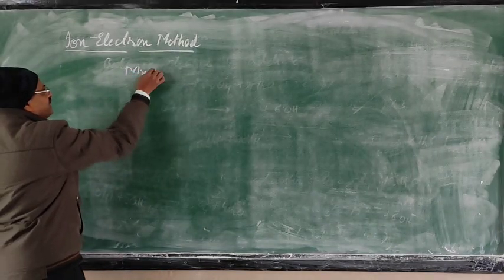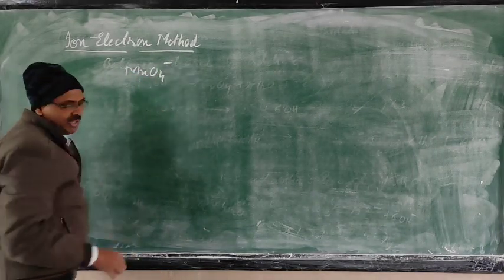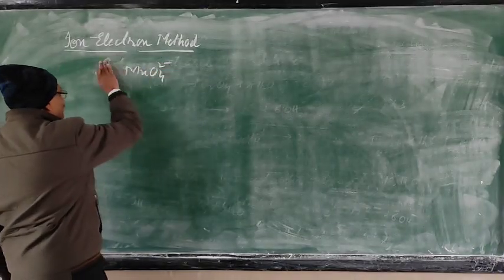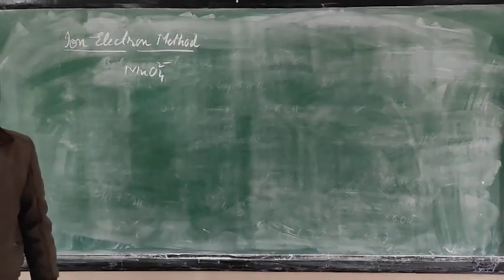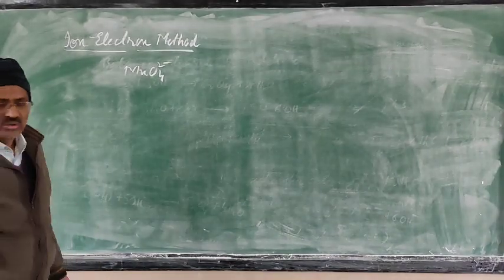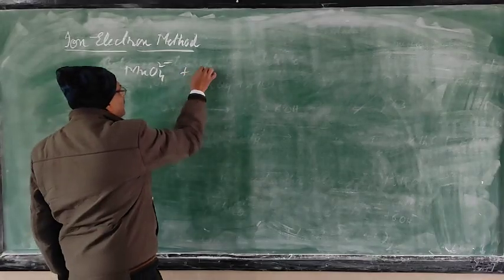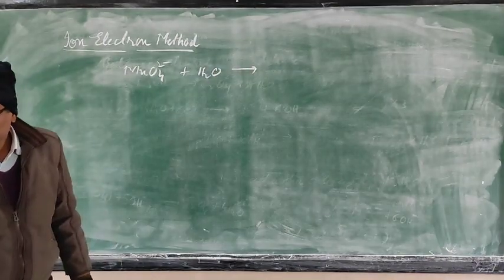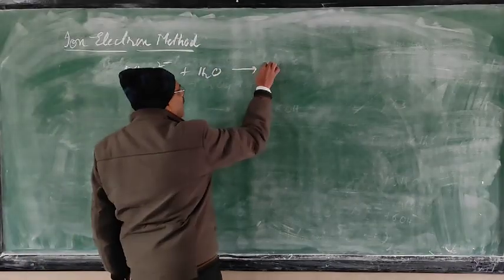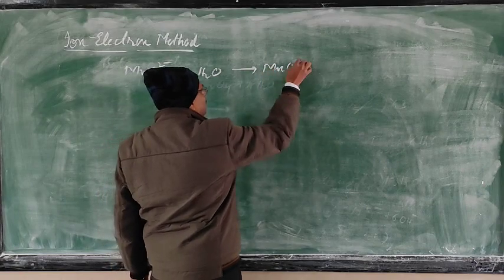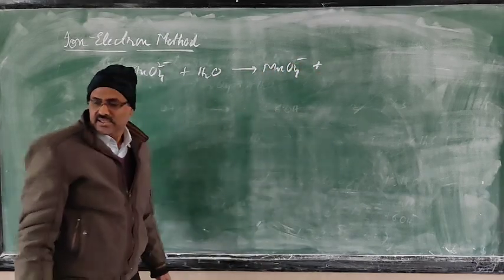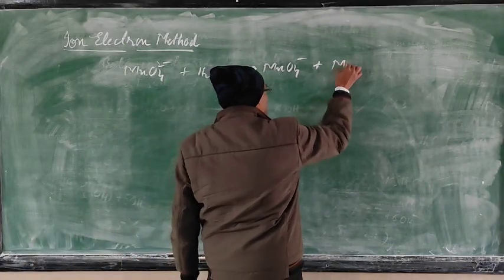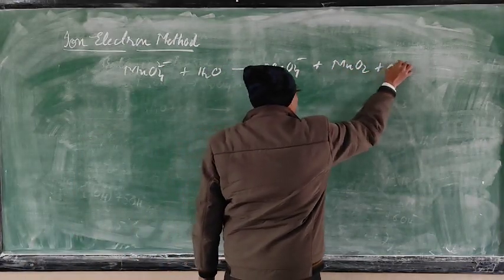This MnO4 2 minus is there. MnO4 2 minus, H2O, and this MnO4 minus, then MnO2 and OH.